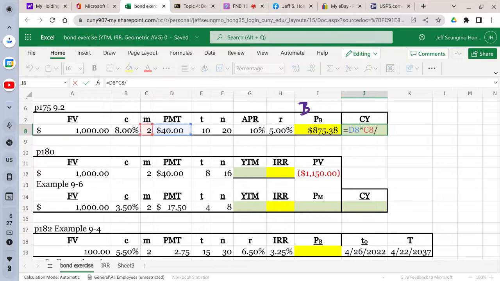And then you divide it by the current market price. There you go. So the current yield is 9.14.